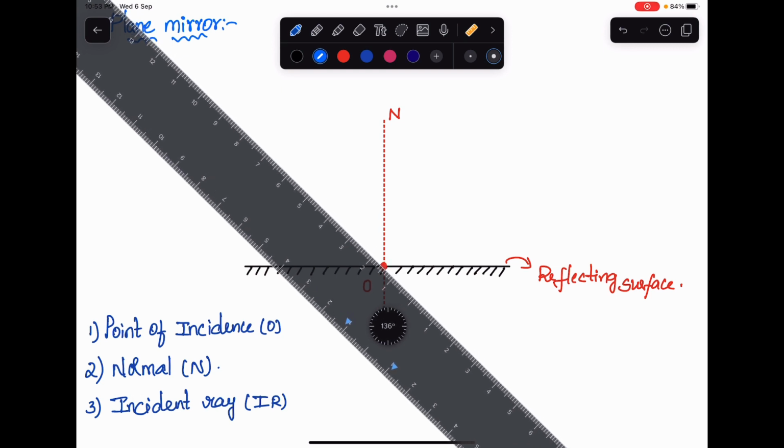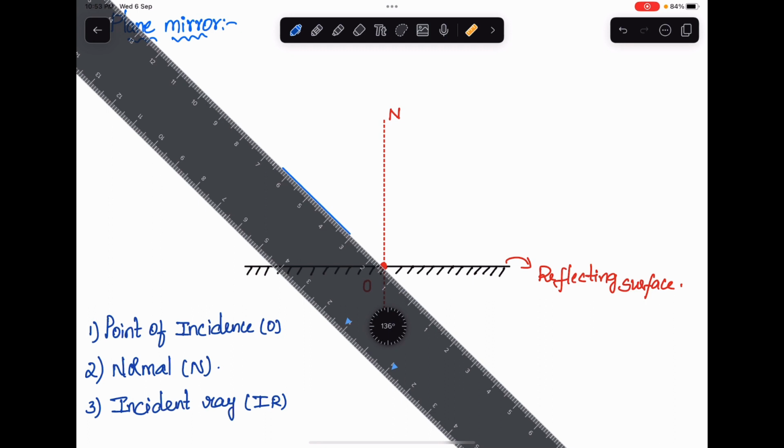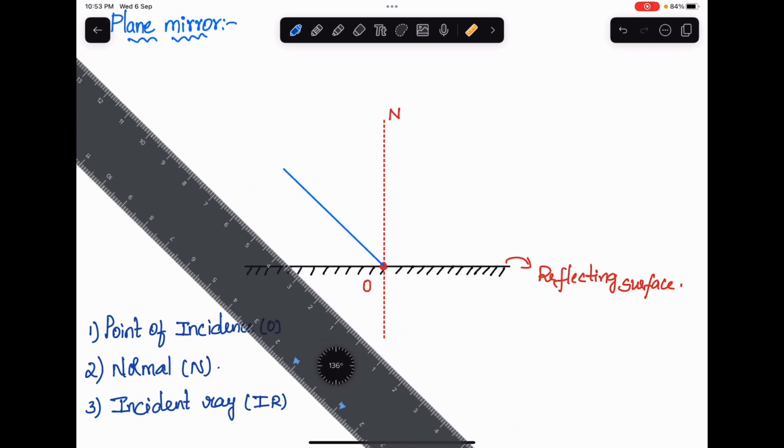So the path of the incident energy striking the reflecting surface at the point of incidence, or the path taken by the light energy about to strike the plane mirror at the point of incidence, is called the incident ray.